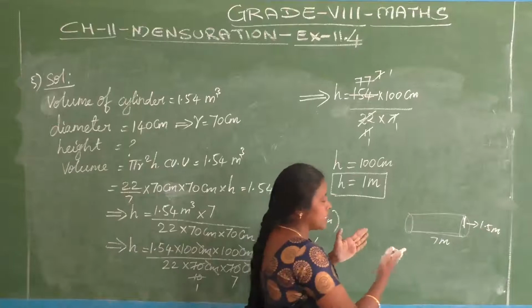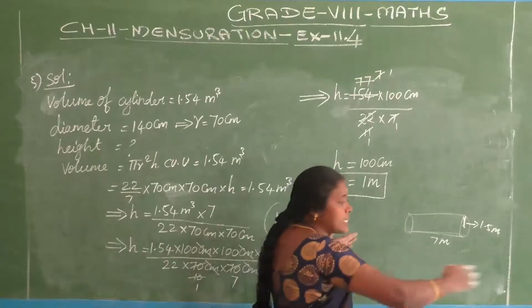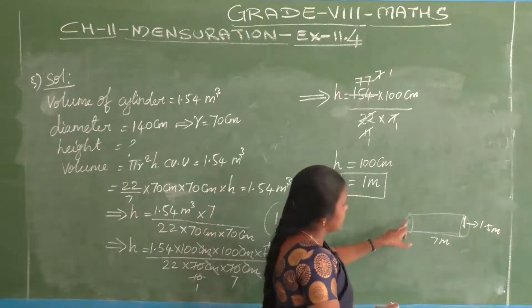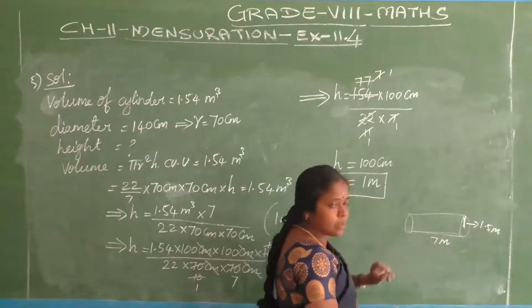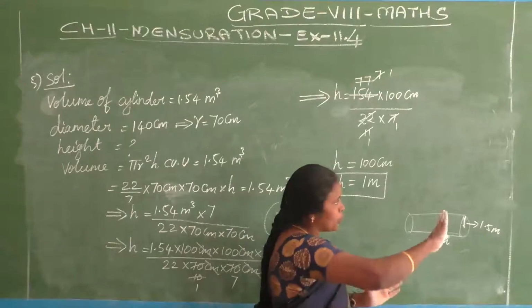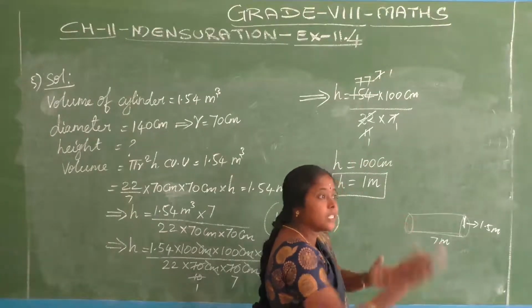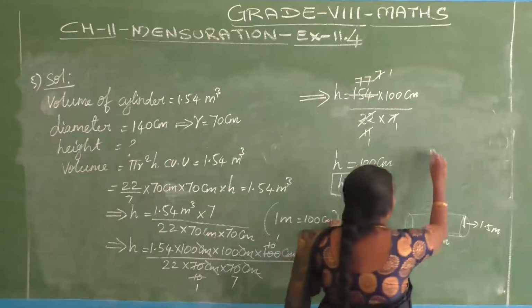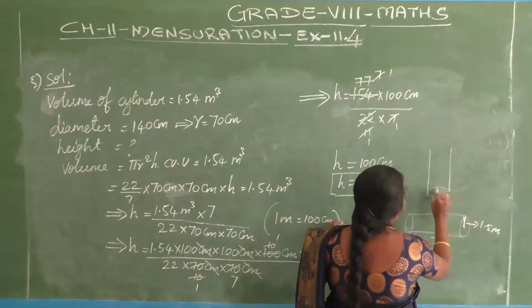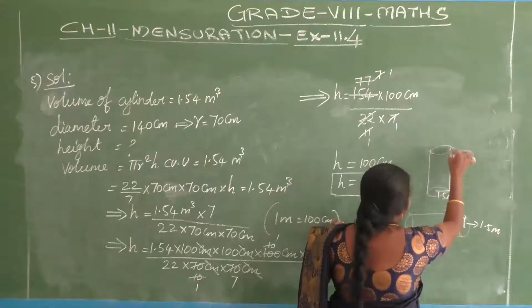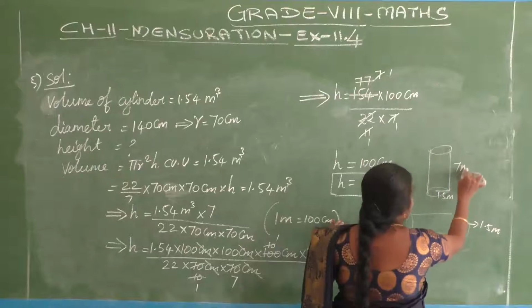Actually the cylindrical tank is in horizontal position, so based on the horizontal position, length is mentioned as 7 meter. If you rotate it vertically, the length of the cylinder becomes the height of the cylinder. Radius is 1.5 meter. The length becomes here height 7 meter.